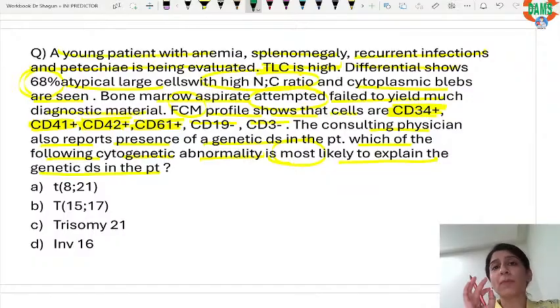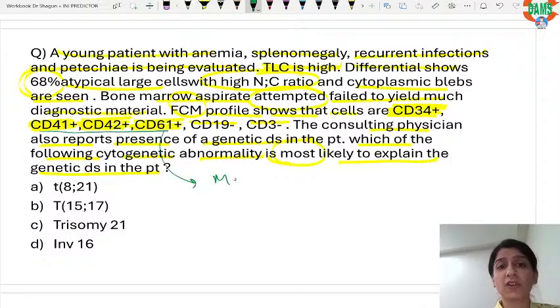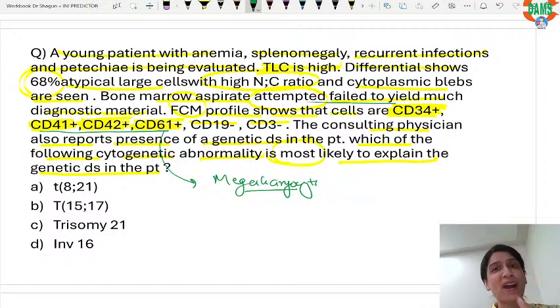So if I go by approach word by word, flow cytometry here is very classical for me, because in my lecture I always say CD41, CD42, CD61 positivity means these are your megakaryocytic markers, right? And bone marrow aspirate failed to yield much. Why?